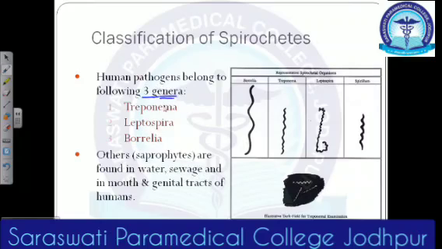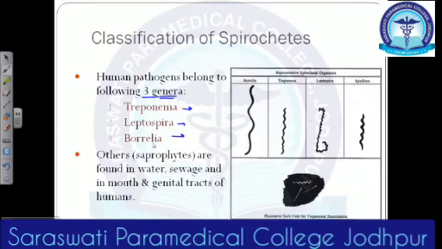They have different species, and among them Treponema pallidum is one of the dangerous ones. Leptospira and Borrelia have several species, and among them Borrelia burgdorferi is very dangerous. All of them are potent pathogens for human beings, so that's why they catch our attention, right?